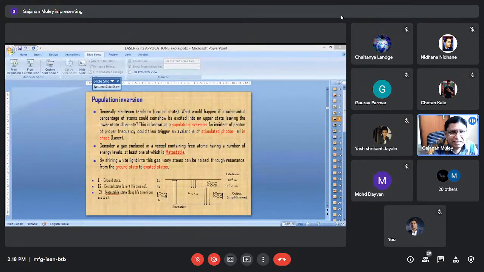Lasers are used in industrial and commercial applications. In industrial and commercial applications, we use laser cutting, for example metal plate cutting, laser welding, laser drilling, laser marking, laser cleaning, laser cladding. Again, harnessing, photolithography, optical communications. In optical fiber, these lasers are used.